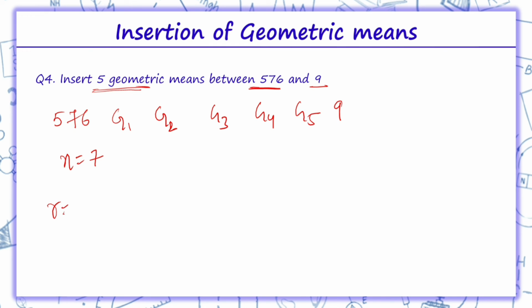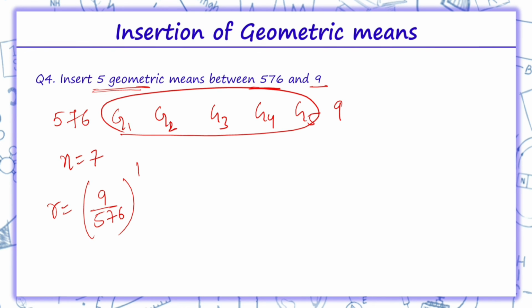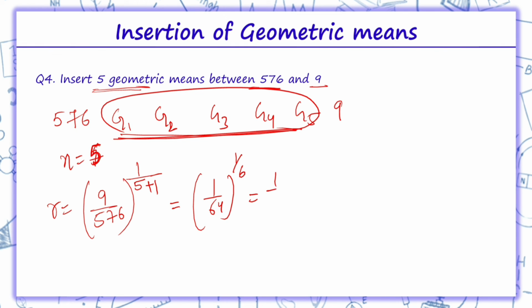As we know the formula, r is (b by a) to the power 1 upon n plus 1, that is (9 by 576) to the power 1 upon n plus 1. We are inserting 5 geometric means over here, so n plus 1 is 6. Thus when we calculate it, the value of r will come out to be (1 by 64) to the power 1 by 6, which can be written as 1 by 2.